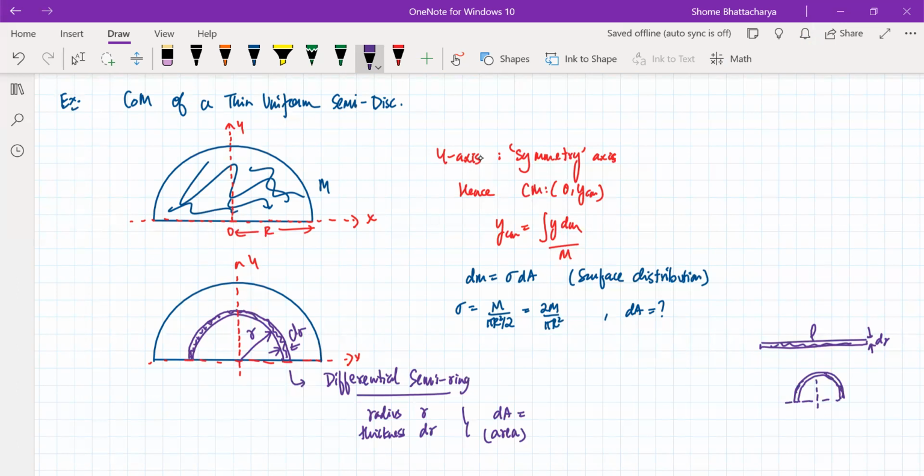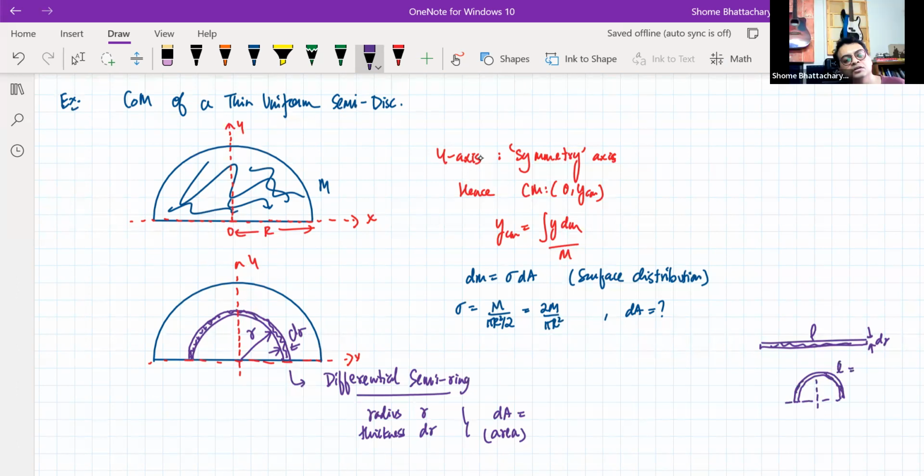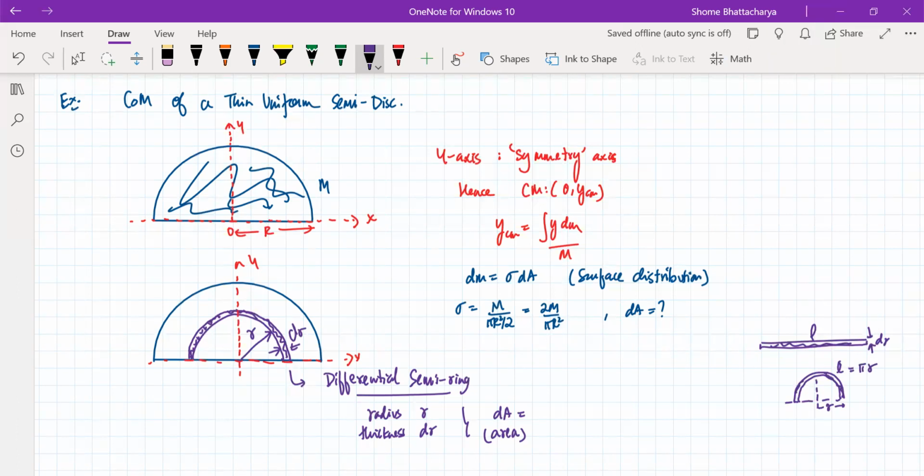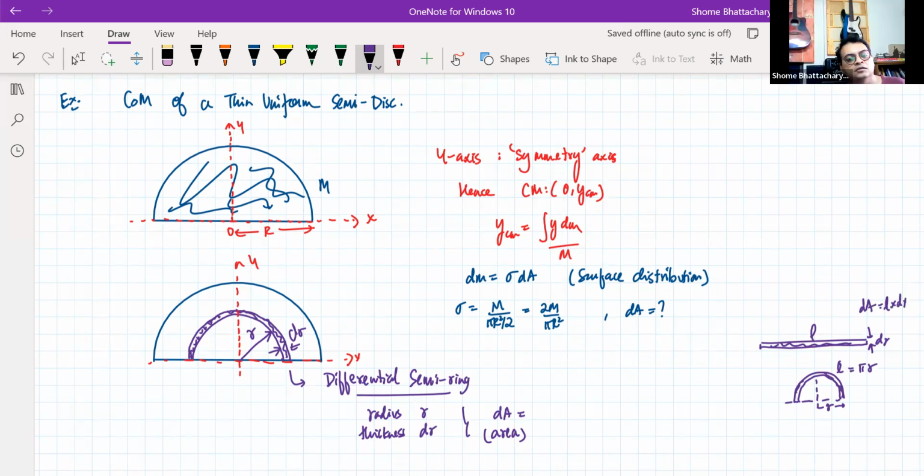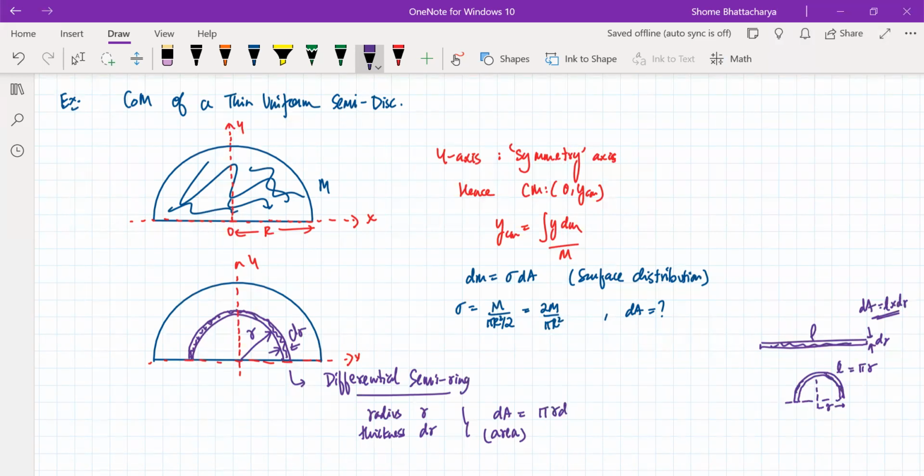Then the length of that ribbon would be pi r. So the area can be taken as length into thickness, isn't it? So here the area will become pi r into dr.